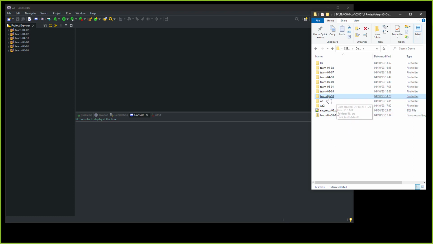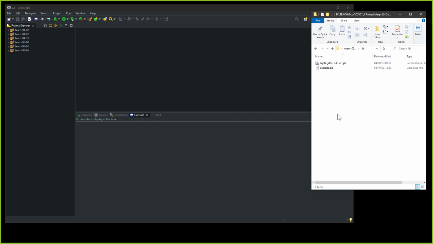I don't know why. Okay, so I'll give you the reason. Where is your SQLite JDBC driver? Under lib. Yeah, that's good. So your user database is in the wrong place, definitely.